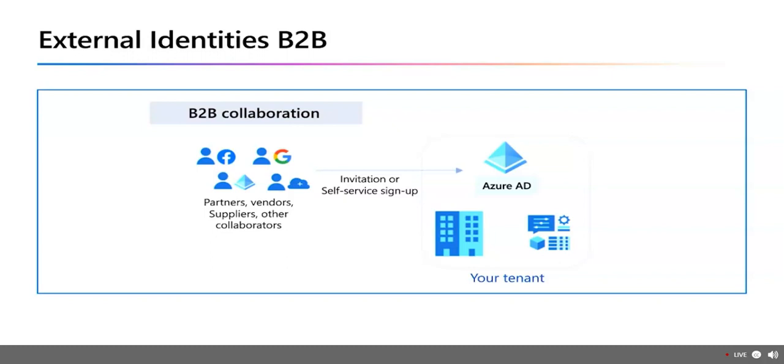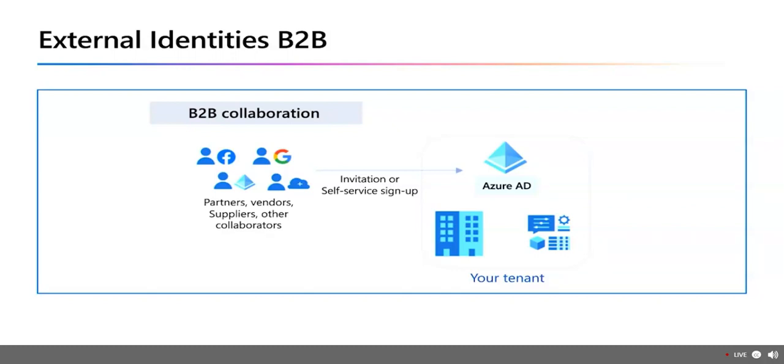Azure Active Directory B2B collaboration is a feature within external identities that lets you invite guest users to collaborate with your organization. With B2B collaboration, you can securely share your company's applications and services with external users while still maintaining control over your own corporate data.